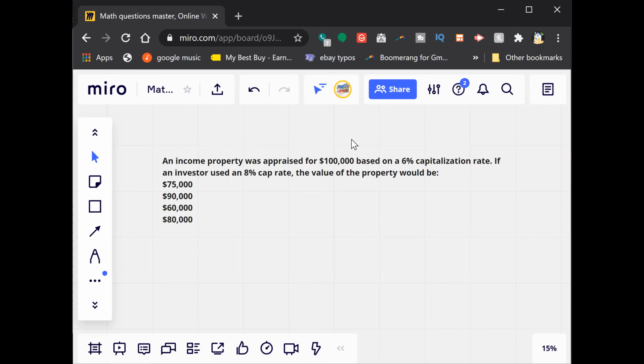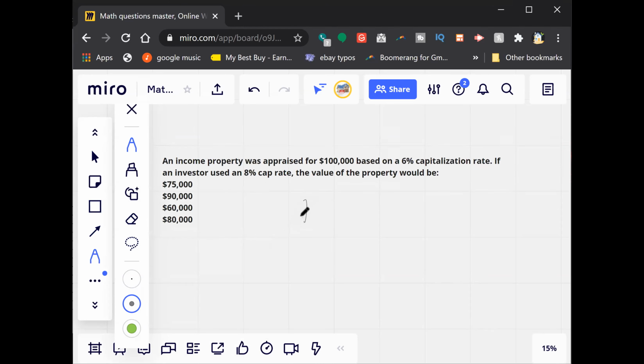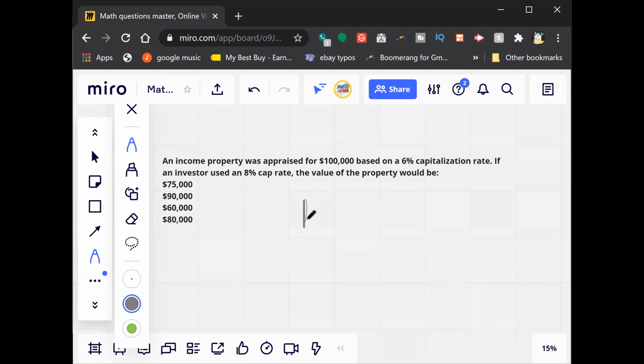Okay, so the appraiser appraised the property at $100,000. So yeah, okay, Yvette, 100%. Let's multiply the $100,000 by the 6%, the 0.06, okay?